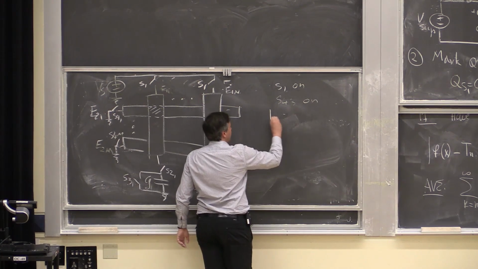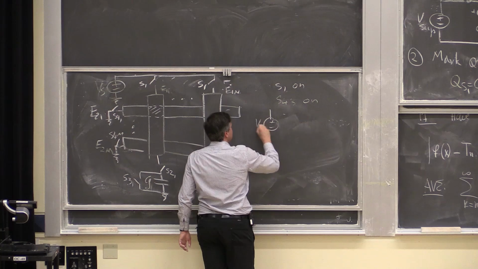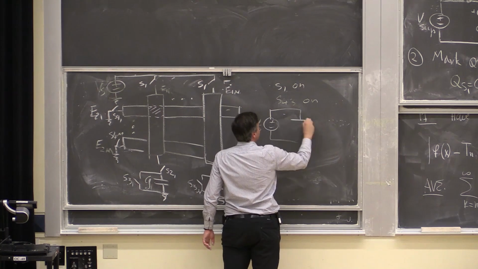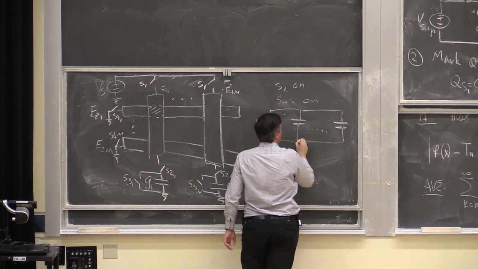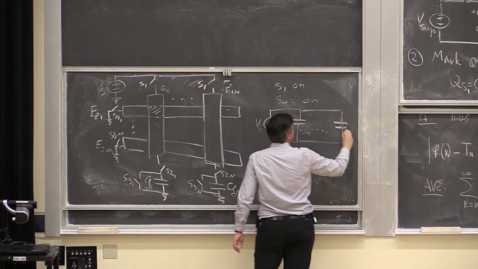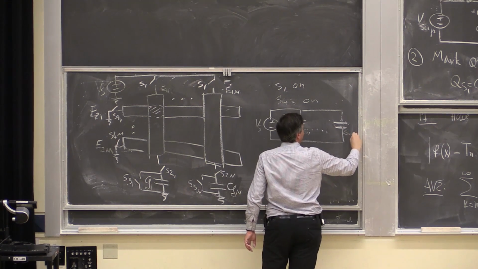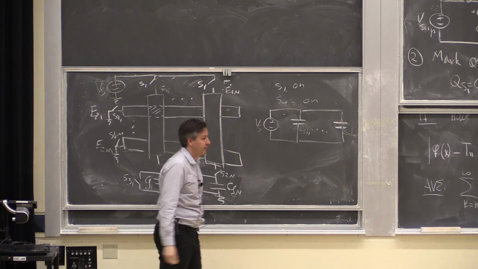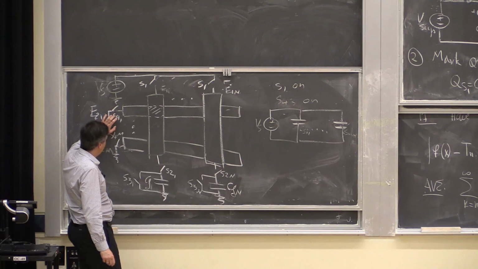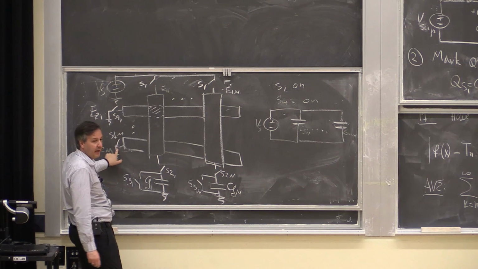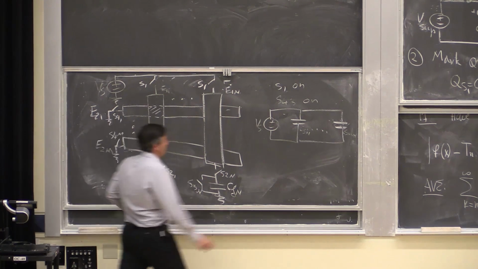So I have a circuit like plus minus Vs, and then all of these sense caps, CS11 through CSMN. So they're all charged. And then what I do is I open all of the sense caps except the first one.